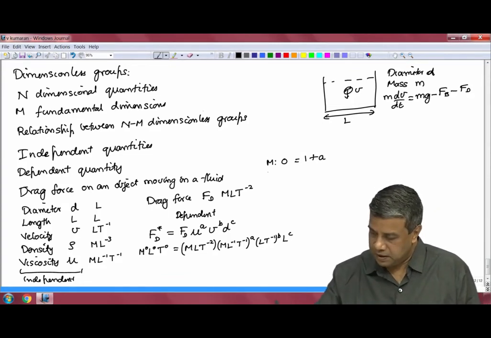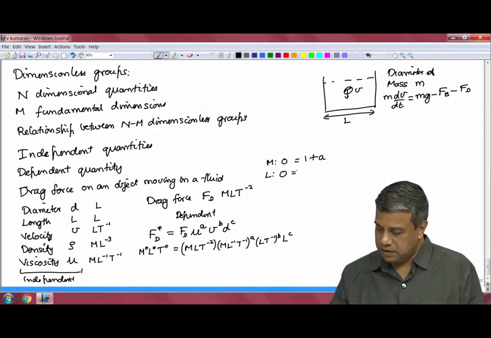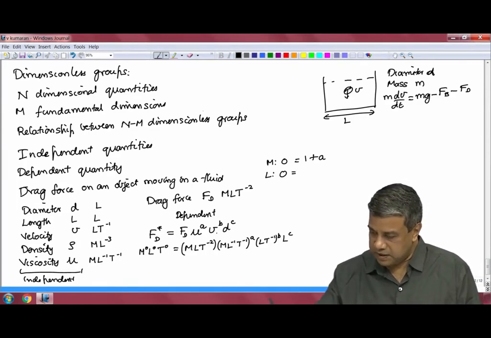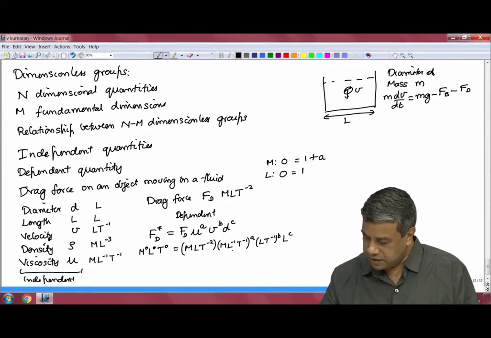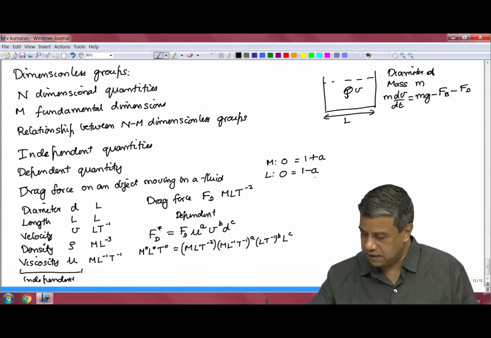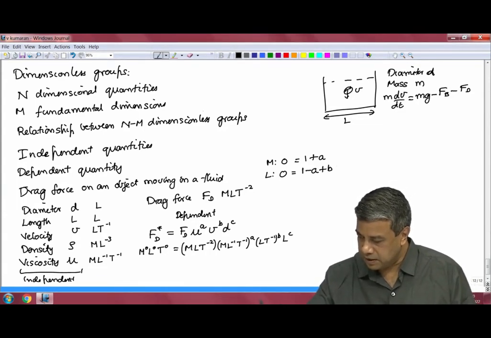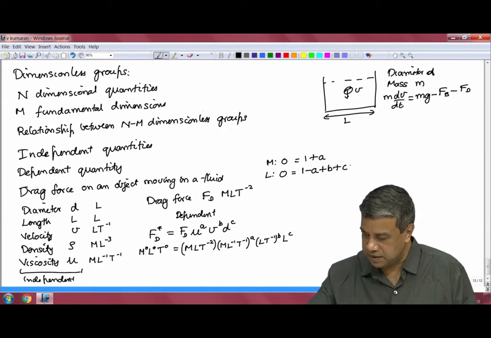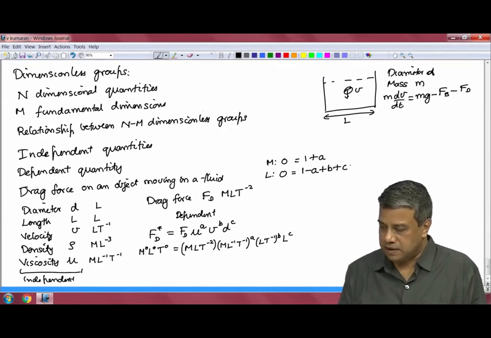If I take the length dimension, on the left side it is 0. On the right side, force has exponent 1. In viscosity I have minus a. In velocity I have plus b, and in the length scale I have plus c. That is for the length dimension.